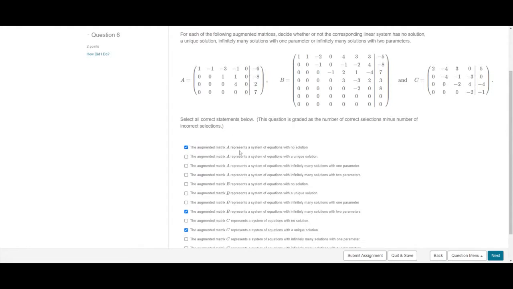Okay. So I've said the augmented matrix A represents a system of equations with no solution. Why is that correct? Does anybody know? Why is that actually the case? Who can tell? Rudant, tell me a little bit more, buddy. What do you notice about the last row?